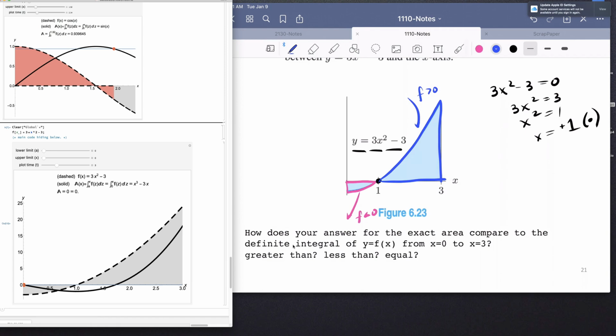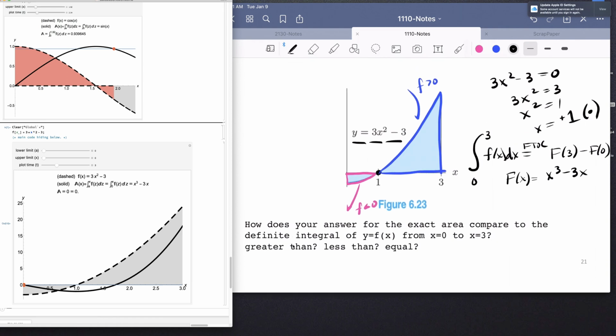So let's see what happens if we do the definite integral from 0 to 3 of this function. You could use the fundamental theorem of calculus on that. It's pretty easy to find the antiderivative at 3 minus the antiderivative at 0. The antiderivative of this function is x cubed minus 3x.